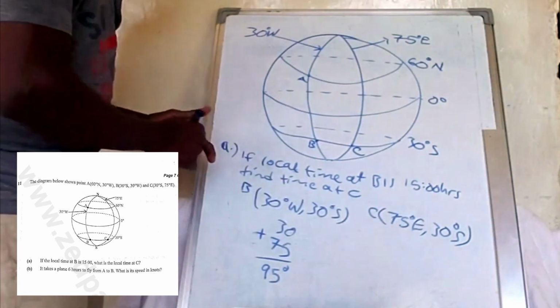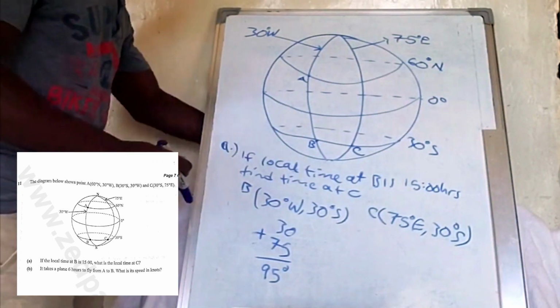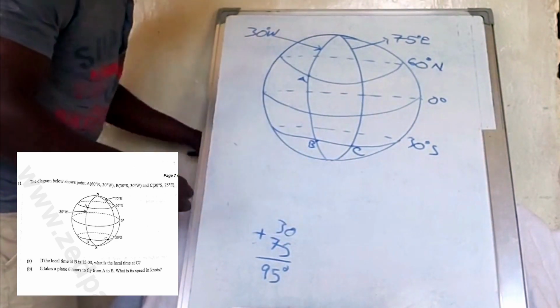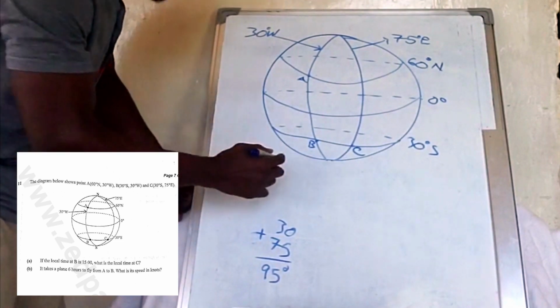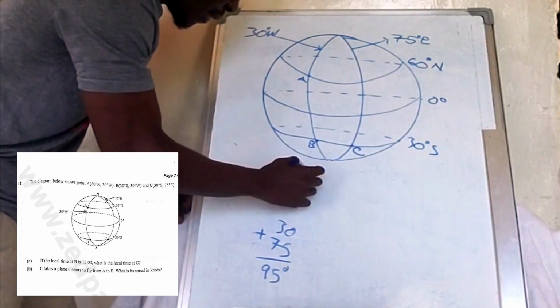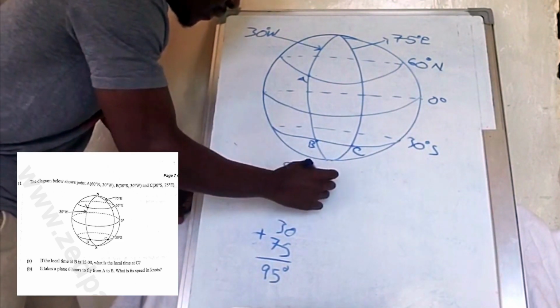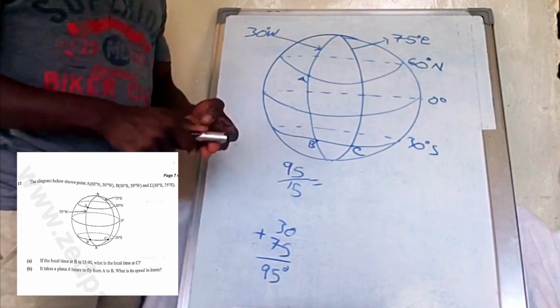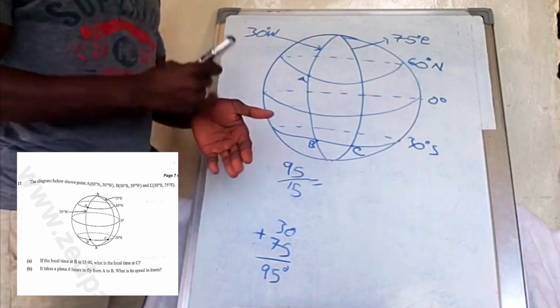So I can erase the question that we have. To find the number of 15 degrees that are in 95, we're simply going to divide 95 by 15. So what is 95 divided by 15? 15, 30, 45, 60, 75, and 90.